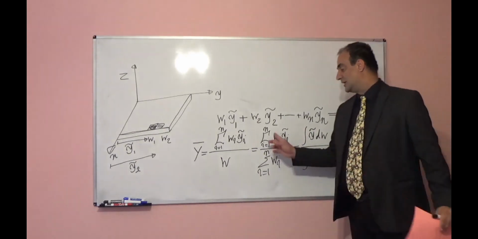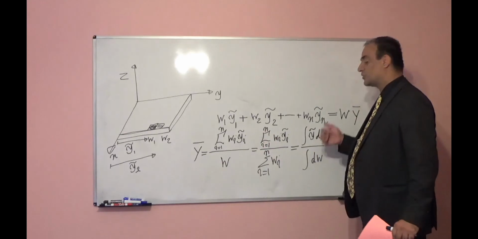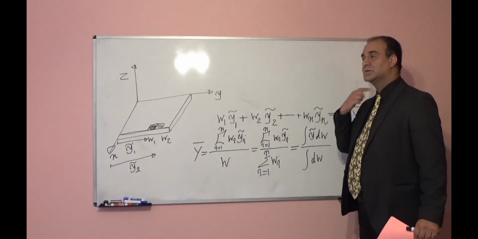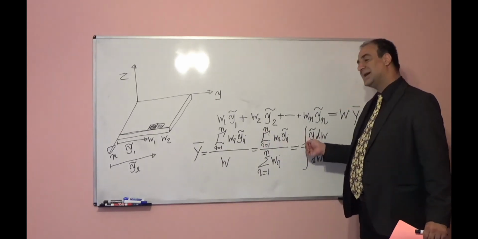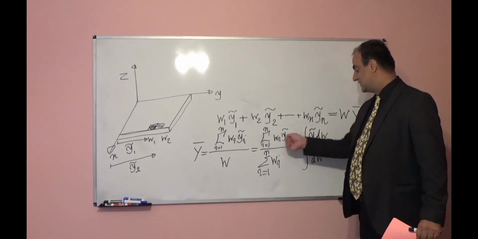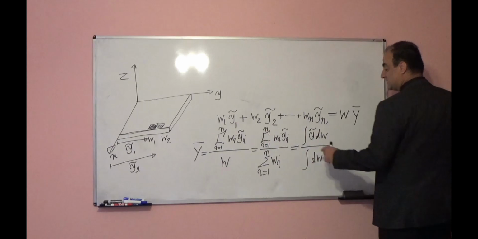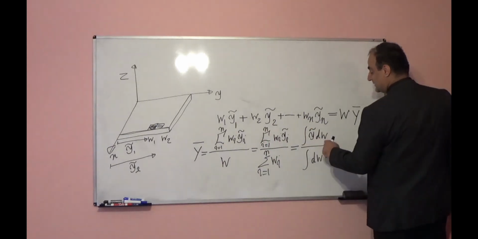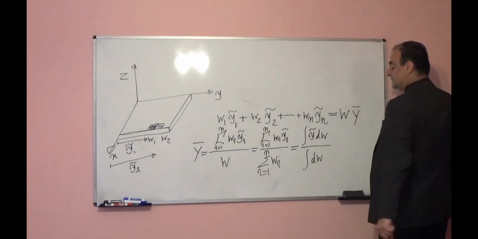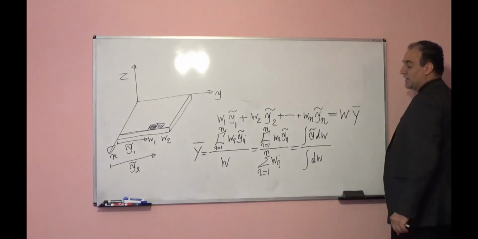So summation is the same as integration, by the definition of integration. Instead of summation, I can represent it with the integration of y tilde dW divided by the integration of dW.